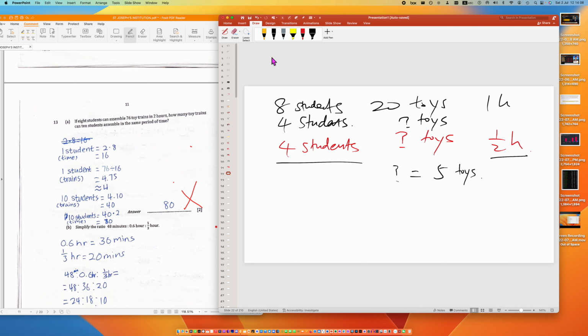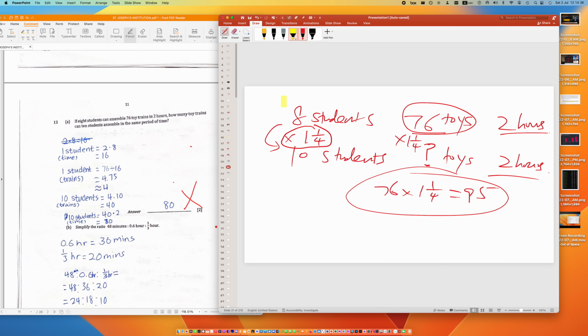What I'm trying to say is, this is given, and then this is the question. Can you see that the number of students is different, and the hour is also different? When you have two different parameters, it's hard to do. Look at the question previously.